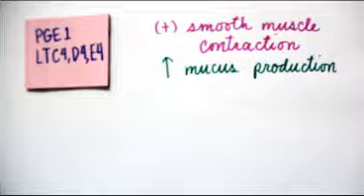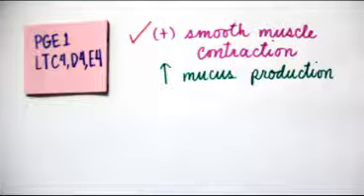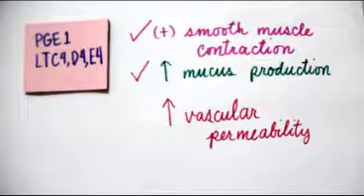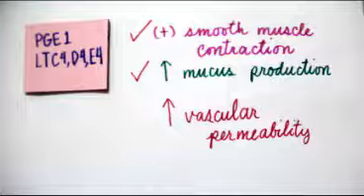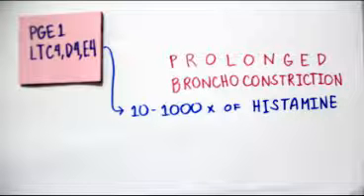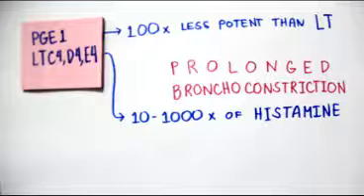Prostaglandin E1 and leukotriene C4, D4, and E4 also cause smooth muscle contraction, increase vascular permeability, and stimulate mucus secretion, thus having the same consequences as what were stated before. They also stimulate prolonged bronchoconstriction, with the leukotrienes being 10 to 1,000 times more potent than histamine, and the prostaglandin being 100 times less potent than leukotrienes.